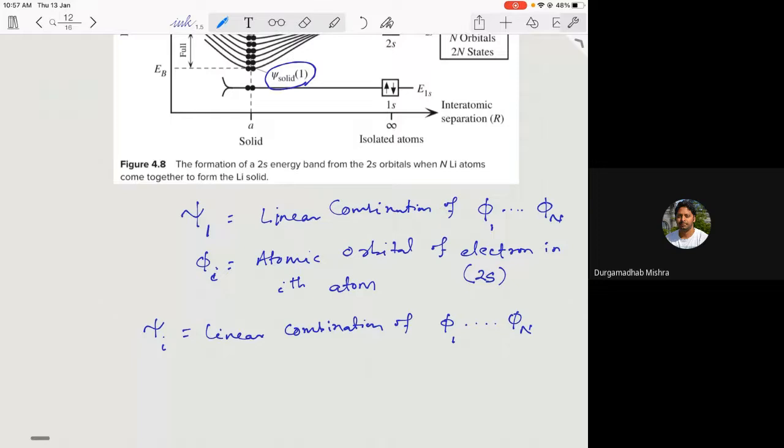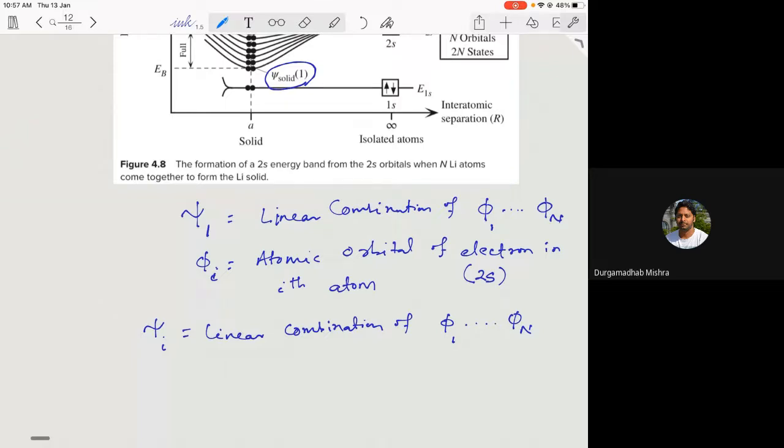Therefore you will have n wave functions, which represent these n energy states, where we will later on fill up these electrons.